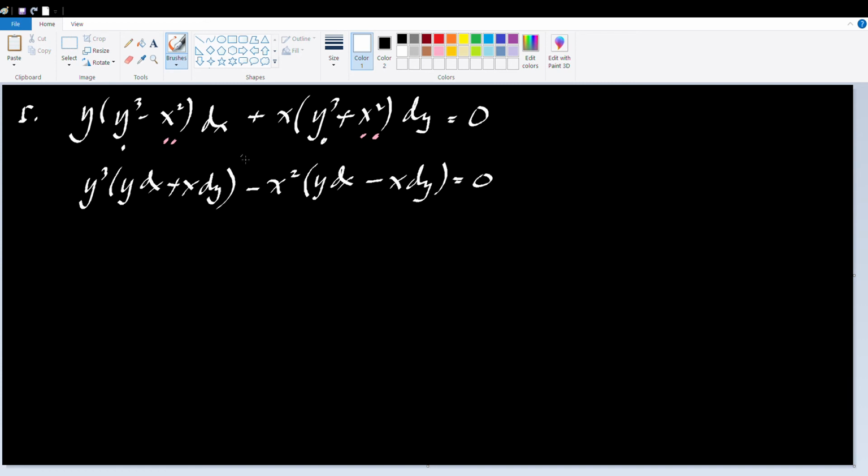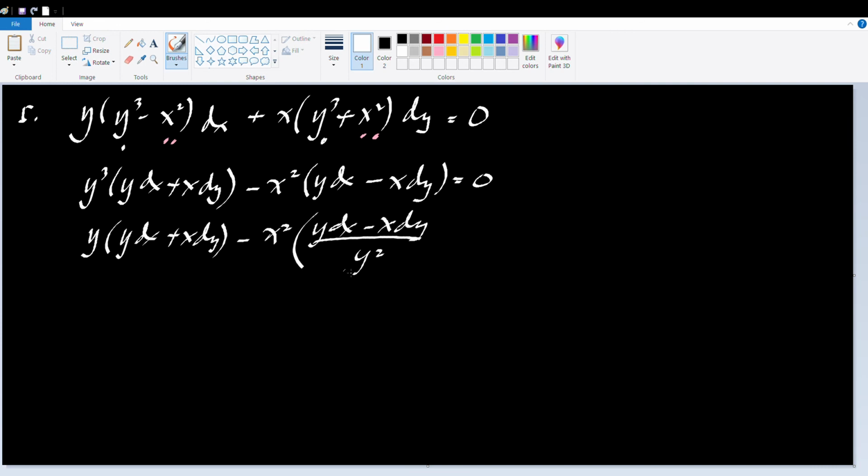Right? And what do I need here? In the denominator, I need y squared. So I will take y squared from here. So what will remain here is y dx plus x dy minus x squared, y dx minus x dy, all over y squared equal to 0.